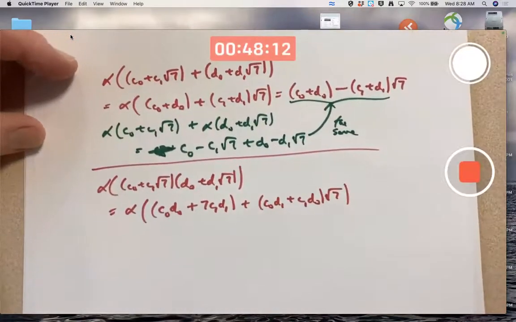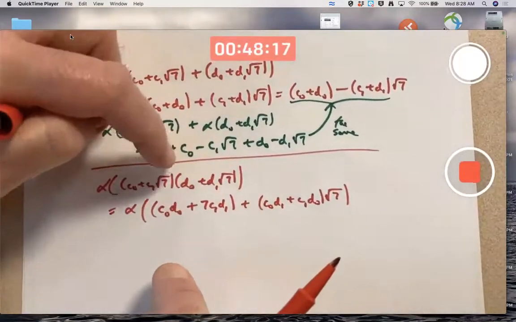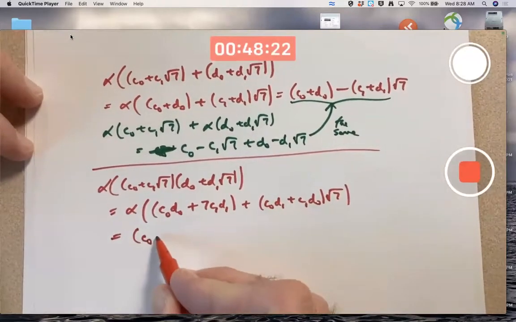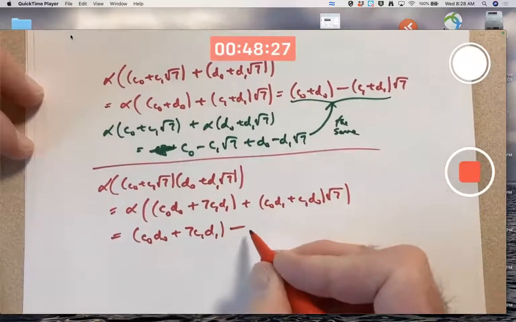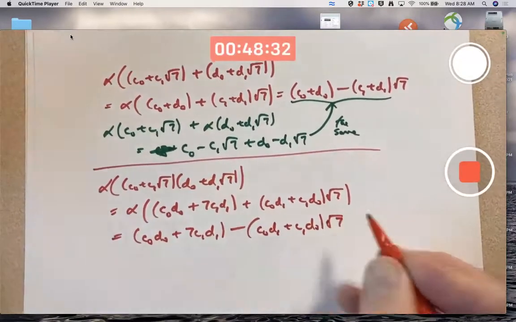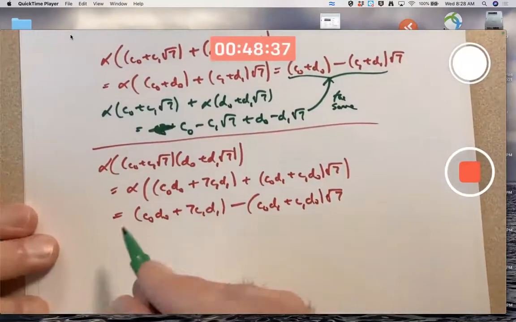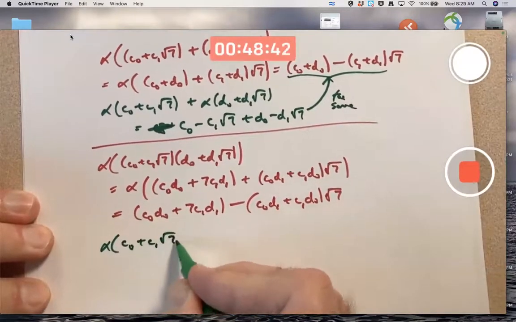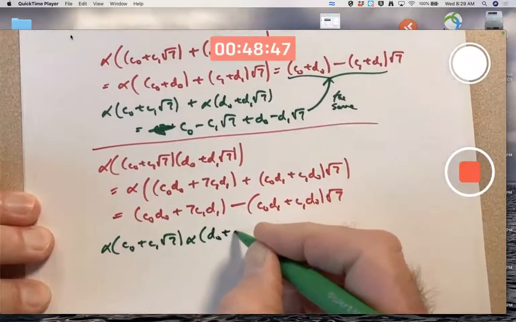I foiled there to get from here to here. First times first, outside times outside, inside times inside, and last times last, and rearranged. And by the formula for alpha, this will be then C0 D0 plus 7C1 D1 minus C0 D1 plus C1 D0 root 7. Do I get the same thing if I do this? Multiply the outputs of alpha applied to each individual input.